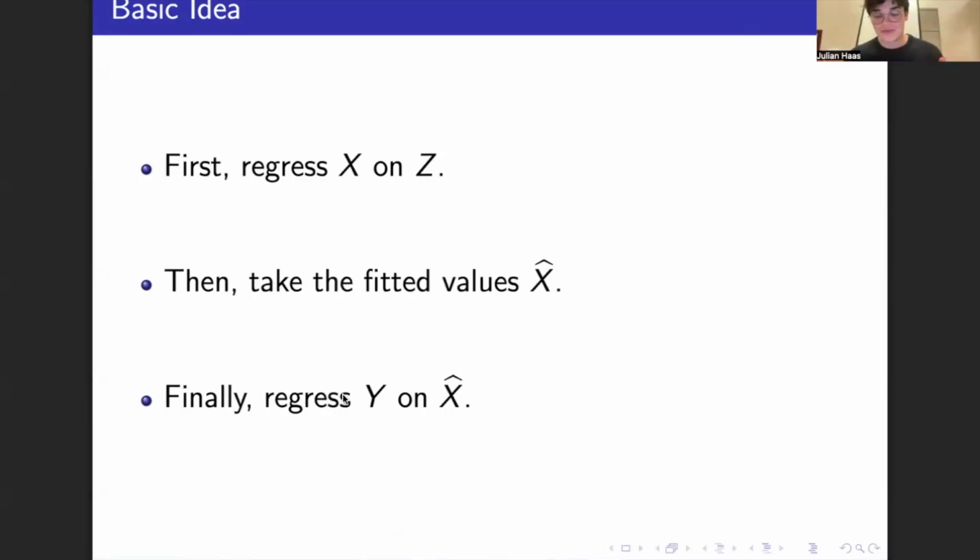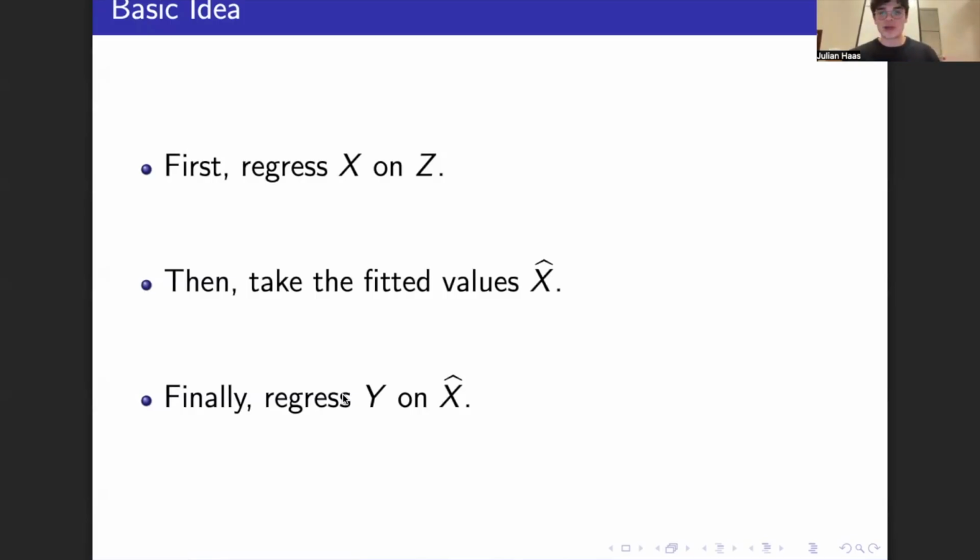And that's it. That's really all we're doing here. We're regressing our endogenous variable on the exogenous one, grabbing the fitted values that come from the exogenous, and regressing Y on those fitted values. That's all we're doing.